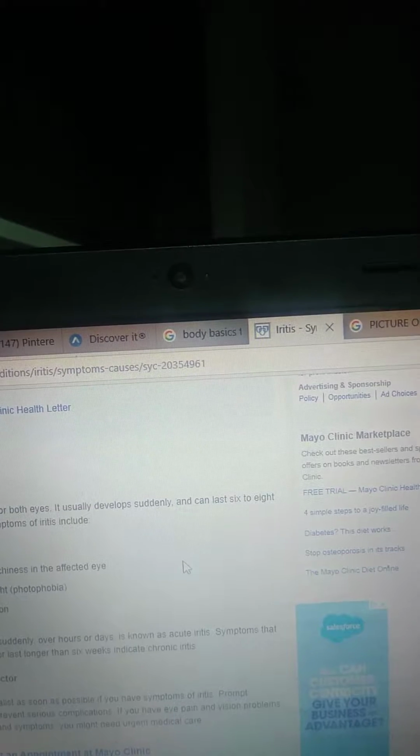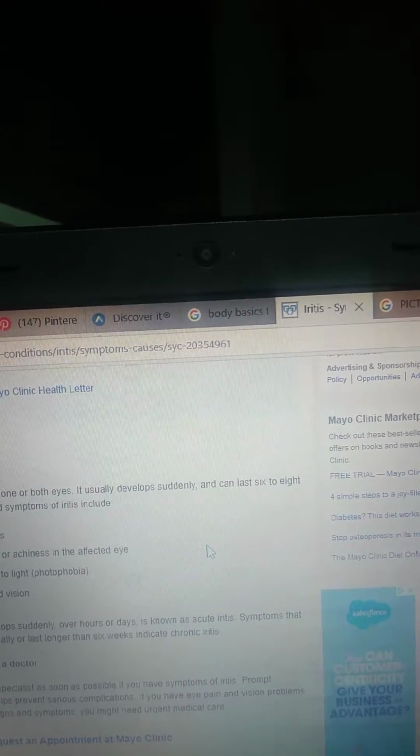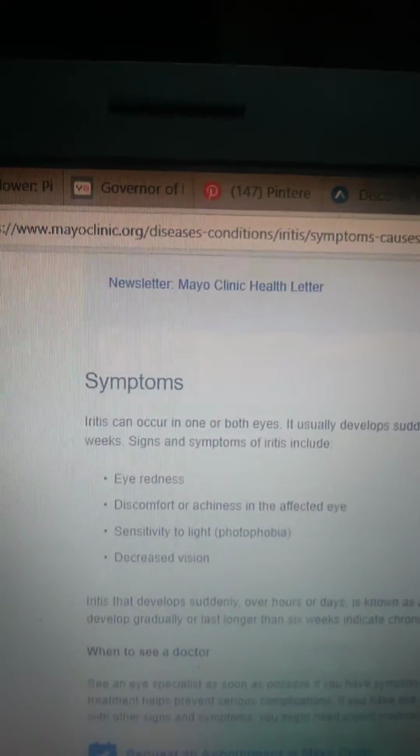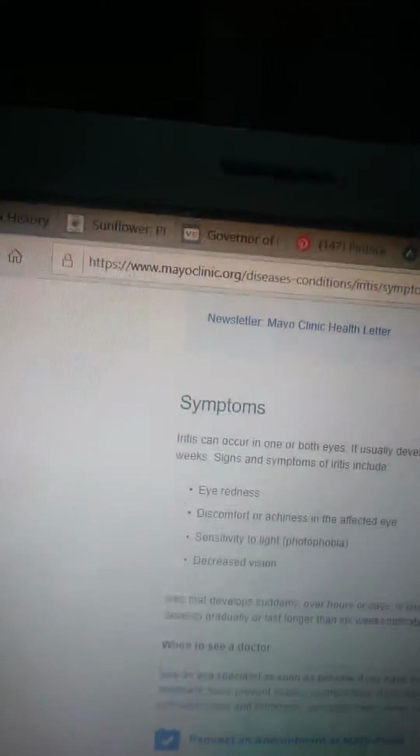This is the mayoclinic.org website. Signs and symptoms: redness, as we've seen, of the eyes, discomfort, achiness in affected eyes, sensitivity to light, photophobia, decreased vision.